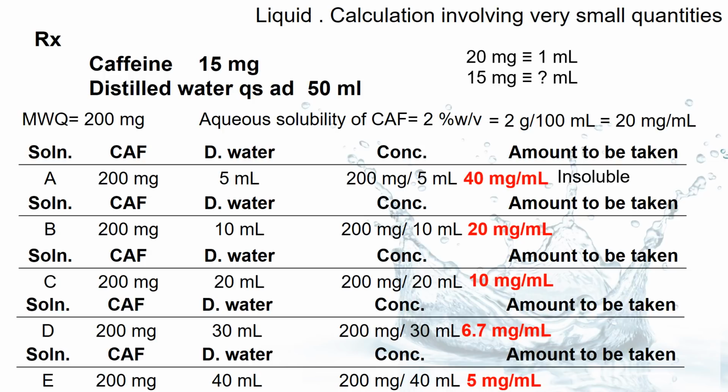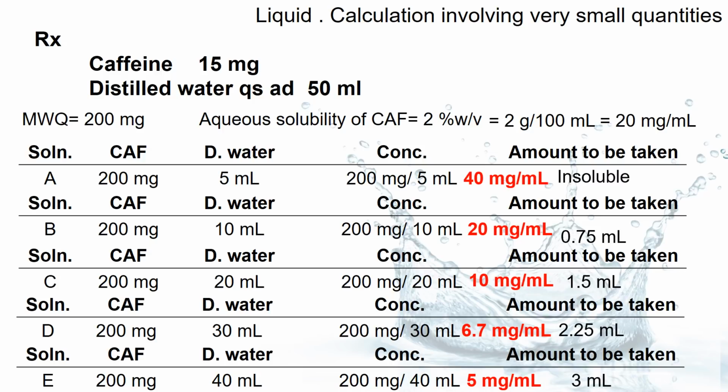I guess you can simply calculate and you get 0.75 ml. You can do the same for the rest, and you will find that the amount you take is going to increase. In this case, all these volumes are smaller than 5 ml, so you have to use a pipette to withdraw the volume.